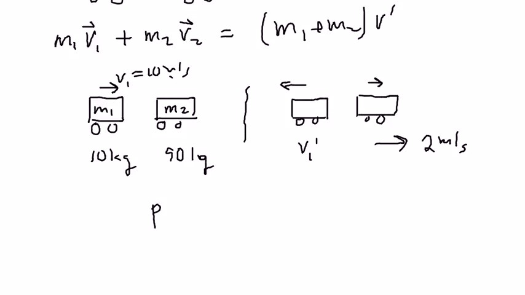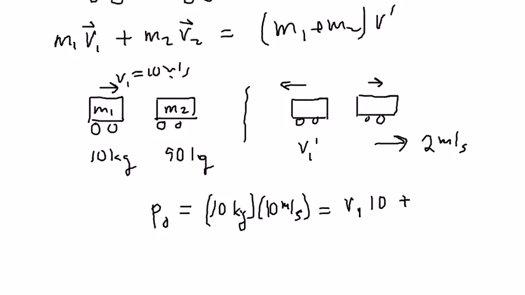The initial momentum, p0, looks like 10 kilograms times 10 meters per second. And that's going to have to equal v1 times 10 plus the v2, which is 2 meters per second, multiplied by the mass of that cart, which is 90 kilograms.